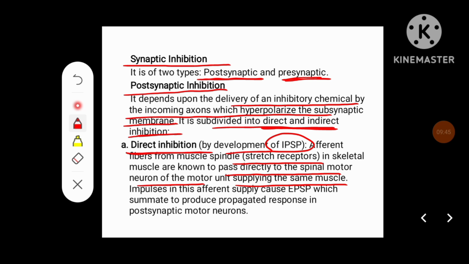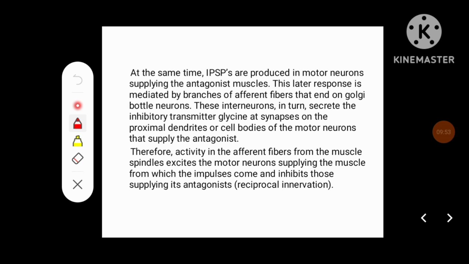Impulses in this afferent supply cause EPSPs, which summate to produce a propagated response in the postsynaptic motor neuron. But at the same time, IPSPs are produced in the motor neurons supplying the antagonist muscles. This latter response is mediated by branches of afferent fibers that end on Golgi bottle neurons, or interneurons.